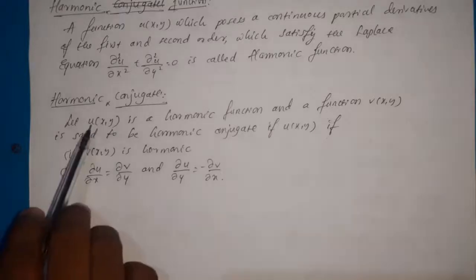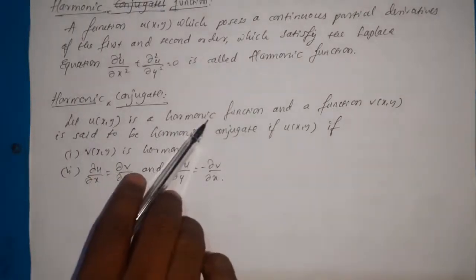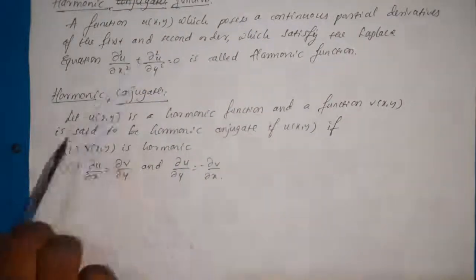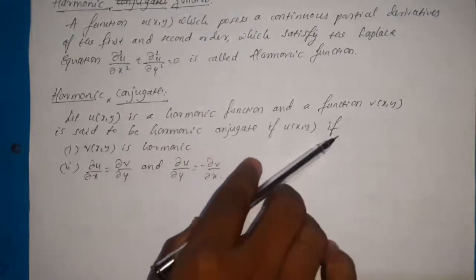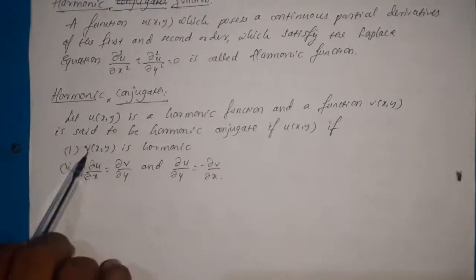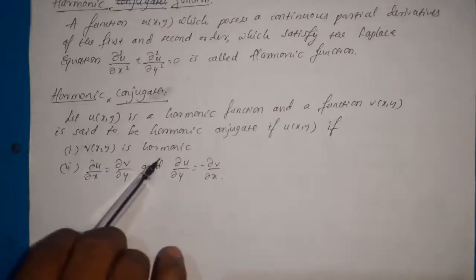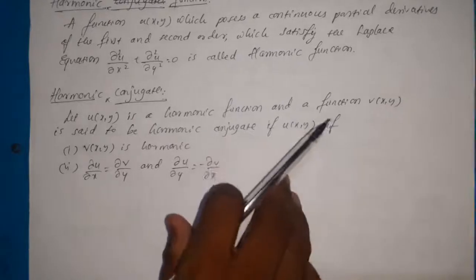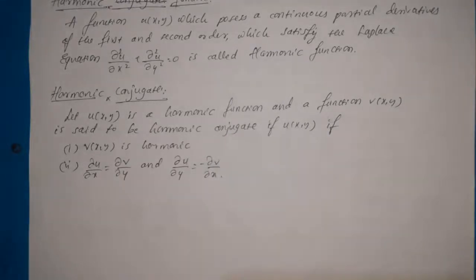Next, harmonic conjugate. u of x comma y is a harmonic function, and a function v of x comma y is said to be the harmonic conjugate of u if it satisfies two conditions. Those are: v of x comma y is harmonic, and dou u by dou x equals dou v by dou y and dou u by dou y is equal to minus dou v by dou x.